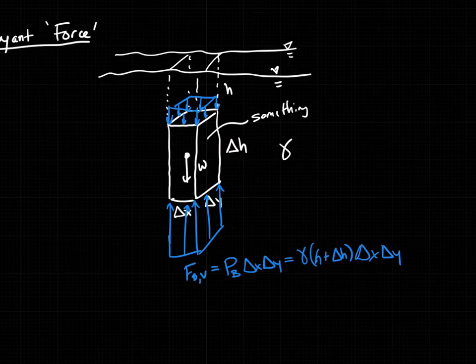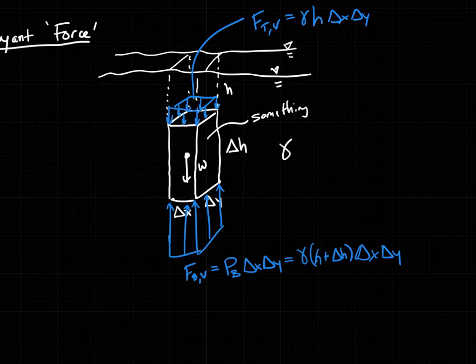On the top here, I'm going to label it over here, we've got the force on the top in the vertical, and it equals gamma times the depth, so gamma times h, that's the pressure, times delta x, delta y. So that's pressure times the area. Now on the sides here, we've got forces like that and like this.